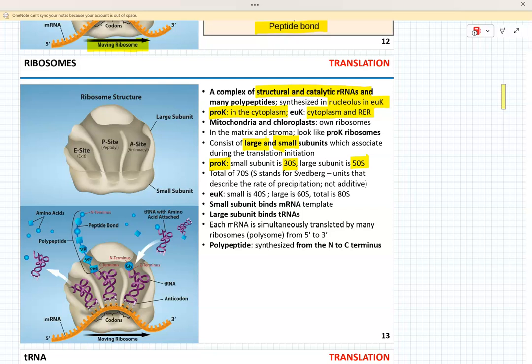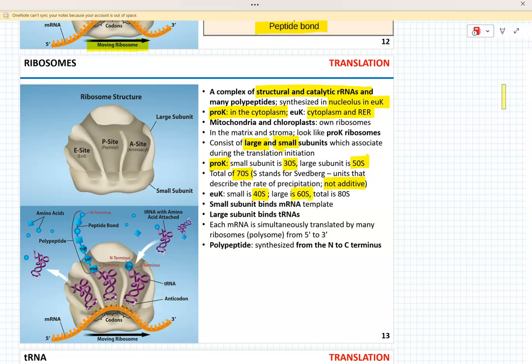You need to remember that the Svedberg, the unit that describes the rate of sedimentation, is not additive, which means when the 30S ribosomal subunit and 50S ribosomal subunit assemble into a prokaryotic ribosome, the sedimentation rate for the ribosome will be 70S. In eukaryotes, the small subunit is larger, 40 Svedbergs.